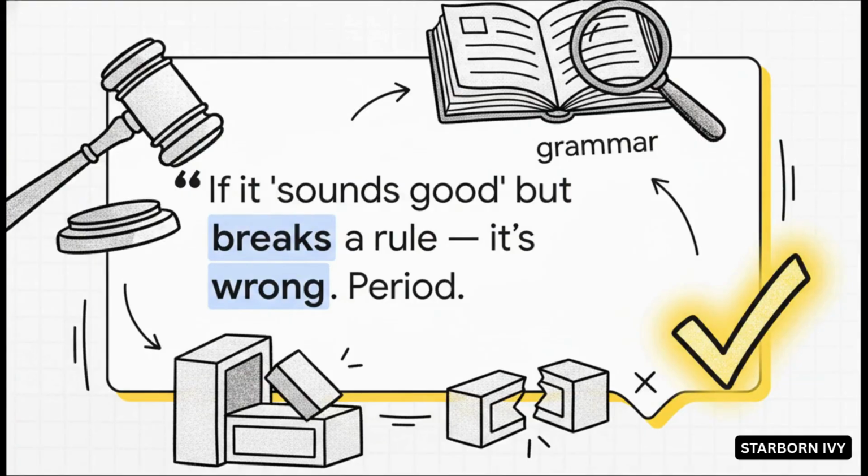Your ear is going to lie to you a lot. An answer might sound good, it might sound elegant or sophisticated, but if it breaks a single tiny rule, it's wrong. Period. The SAT is testing rules, not style. And there's only one single, objectively correct answer for every question.